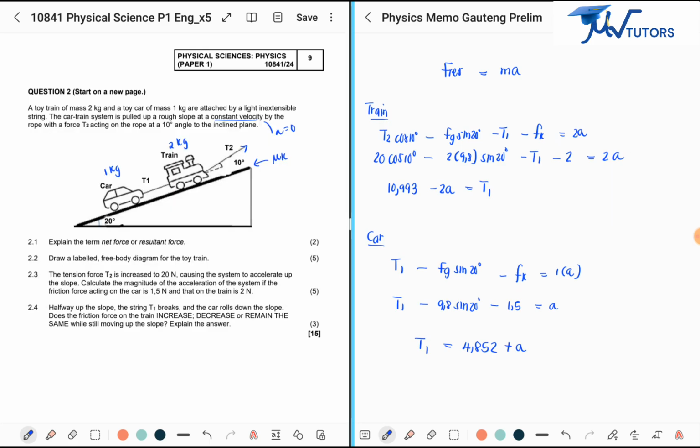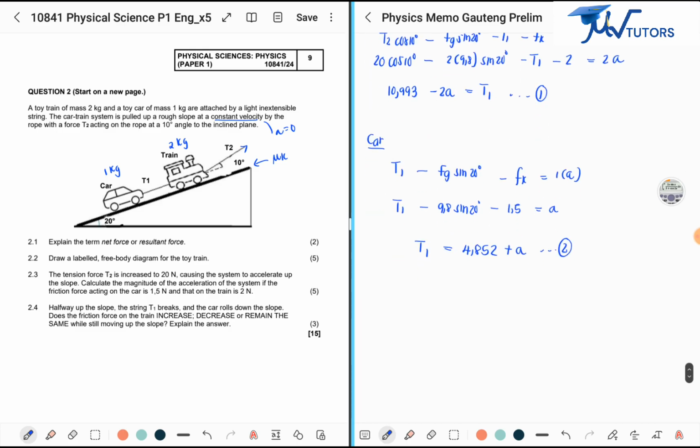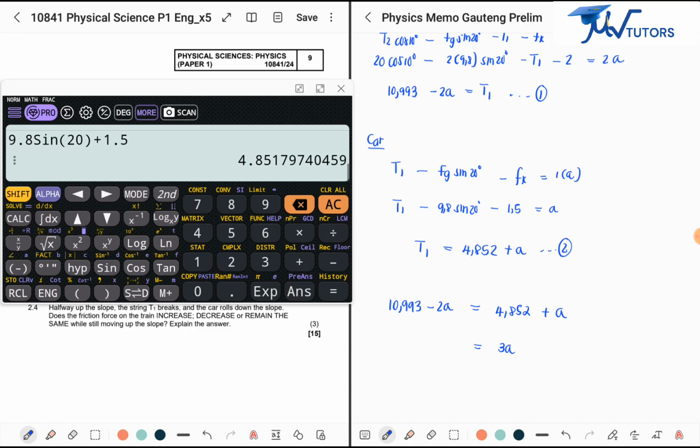So I have equation 1 over here, and I have equation 2, and I've written both in terms of T1. So basically I can then say 10,993 minus 2 times the acceleration is equal to 4,852 plus the acceleration. If I take acceleration to the right, I have 3A, and if I take 4,852 to the left, it will be 6,14.